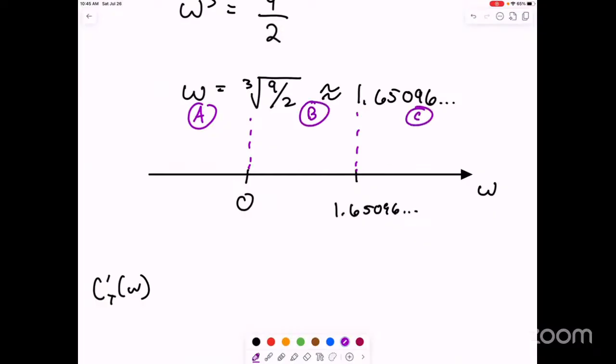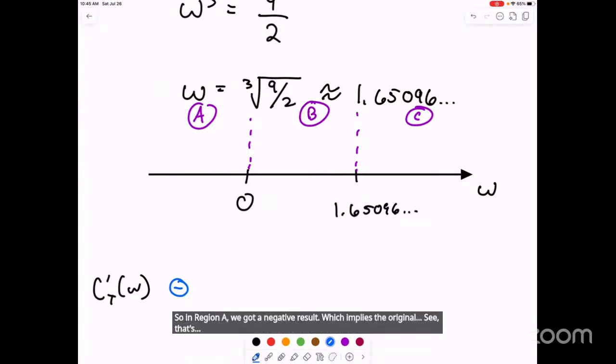So in region A, we got a negative result, which implies the original is negative over there. See, that's getting thrown off. Let's just keep going with it.